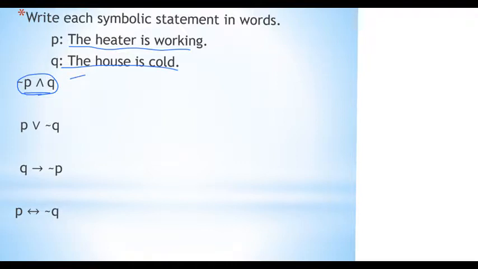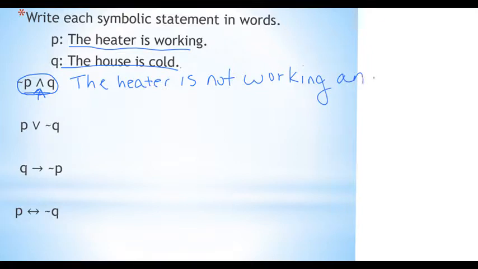Not P would be the heater is not working. And then this, remember, is the symbol for and. And then is Q, the house is cold. All right, our next one.